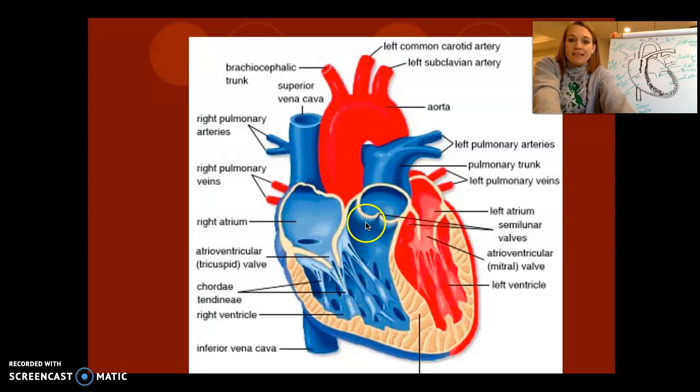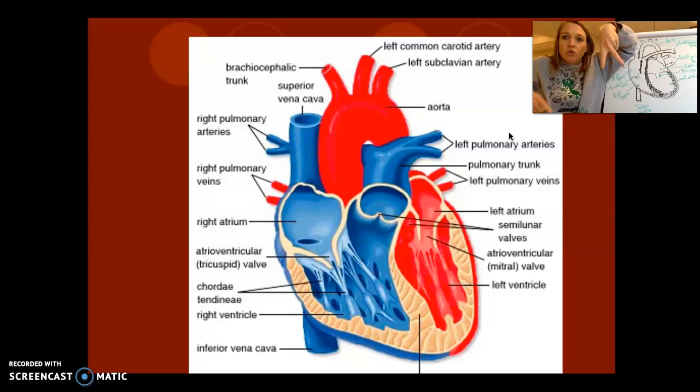Then you have this valve that opens, and you can see that it leads to your pulmonary arteries. Now, pulmonary means lungs, okay? So this is going from your right ventricle to your pulmonary arteries. Couple things. The way that you can remember arteries is an A, okay?